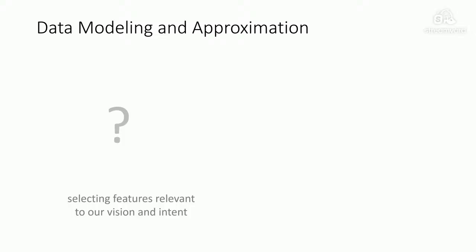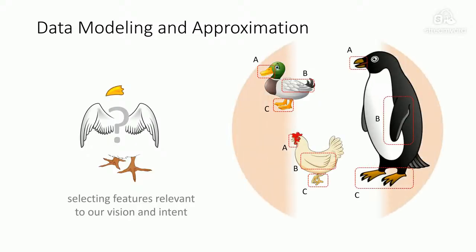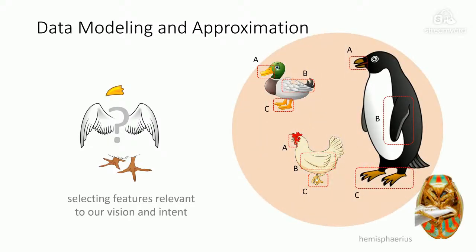If we want a model for the idea of a duck, we could just select features like beak, wings, and legs. And if this is all we need to define our idea of a duck, that's fine, even if the same features belong to very different animals, like chickens, penguins, or even some insects.